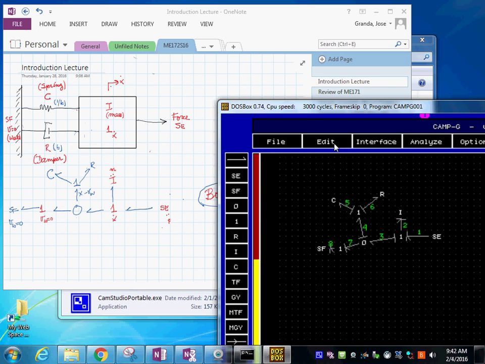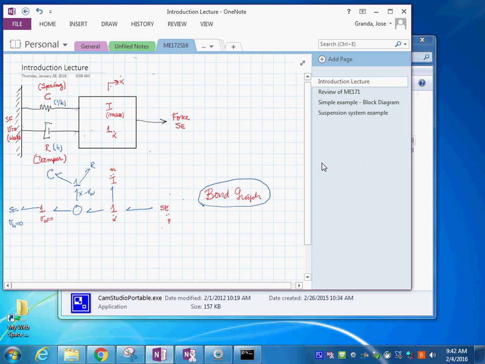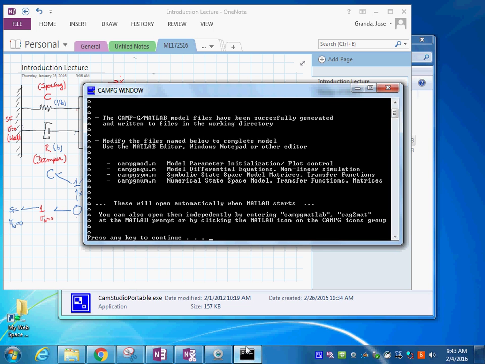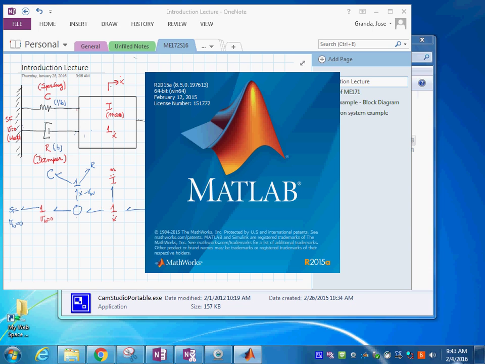The way this works is say interface to MATLAB, please, and then we wait a little bit. CamG, which is the software that I was using, and MATLAB are negotiating right now, some interface between the two programs, because what CamG is going to do is send the information of this model directly into MATLAB.